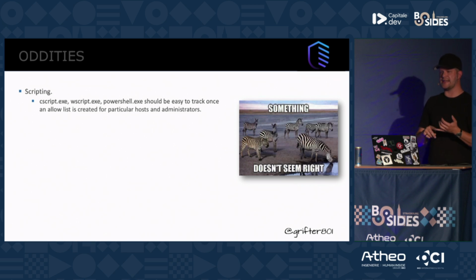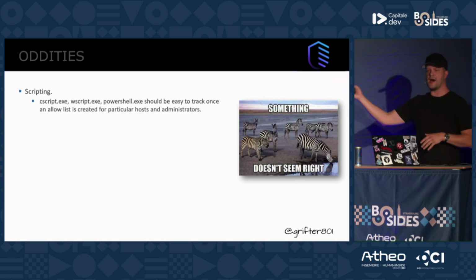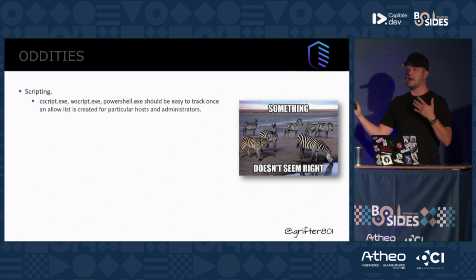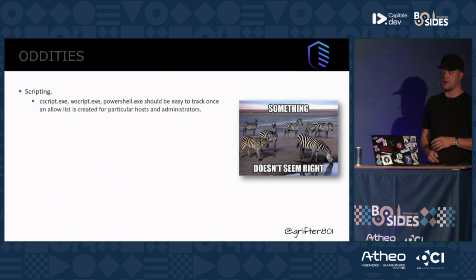Why? He's not in IT, he's not an admin, he's not doing whatever. Why did Kevin suddenly get interested in PowerShell? It's stuff like that, right? Again, anomaly, behavioral oddities that we're looking for.